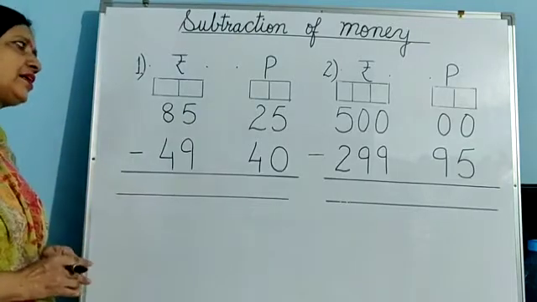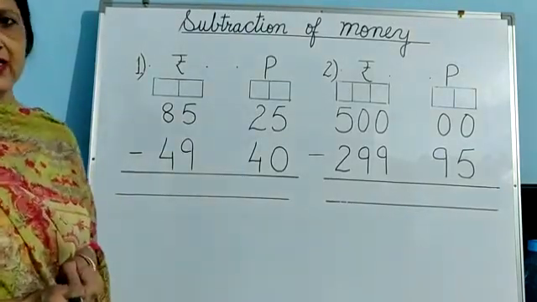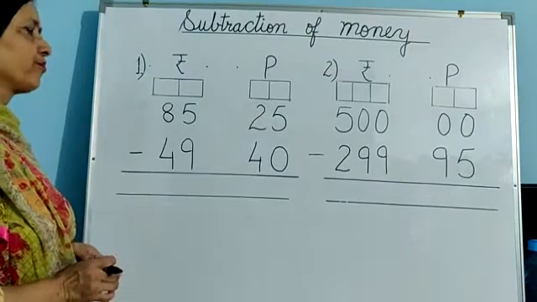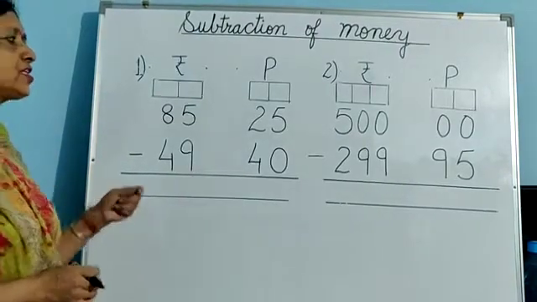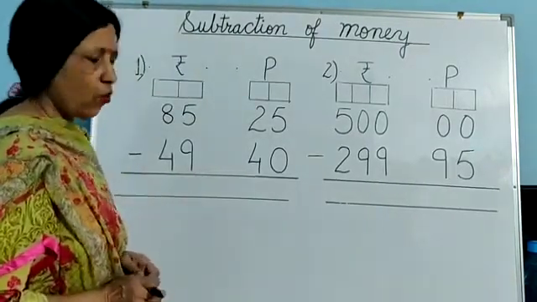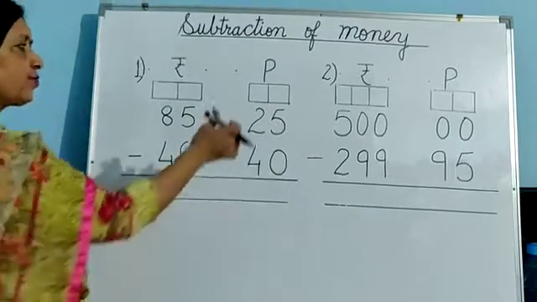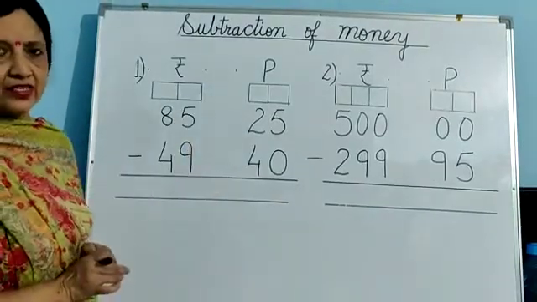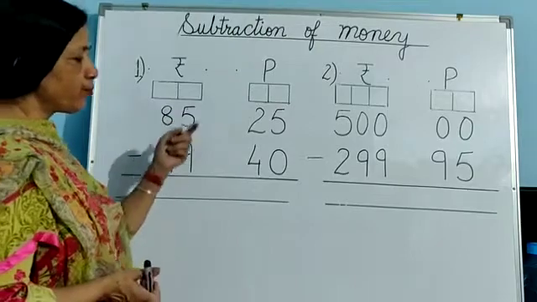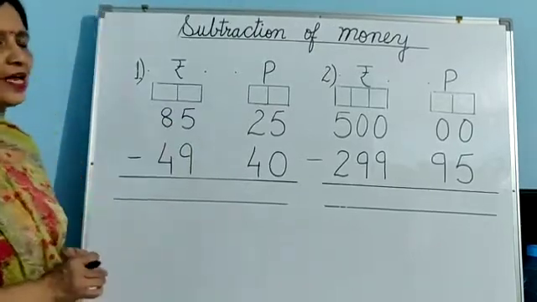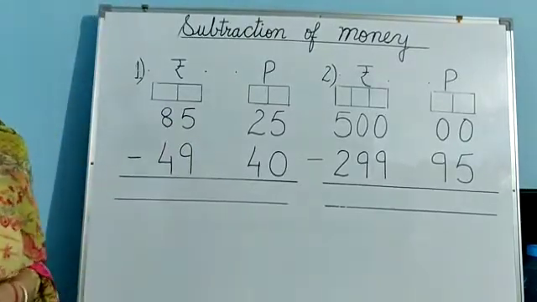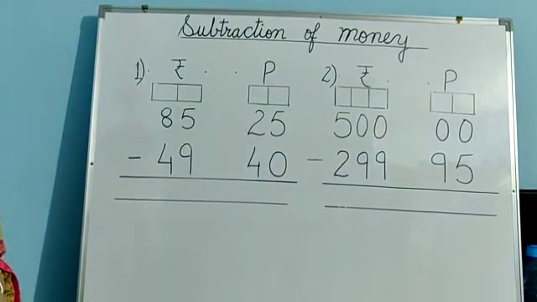When upper digit is greater than the lower digit, then there is no need to borrow. When upper digit is smaller than the lower digit, only then the digit borrows from the next digit. And when upper and lower both digits are same, then again there is no need to borrow. Is it clear beta?